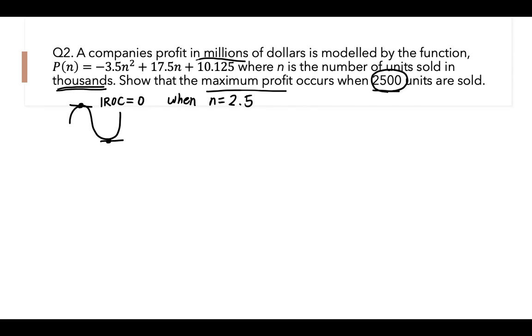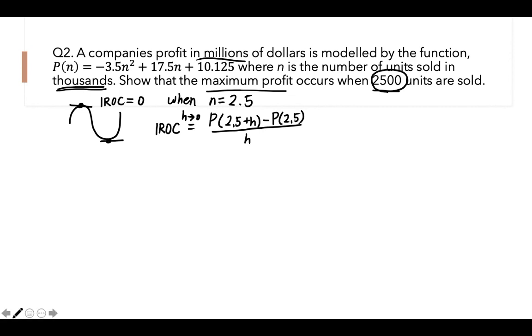So let's write down instantaneous rate of change is equal to, because it's polynomial, I will be saying as h approaches 0, the profit, so we know a is going to be 2.5 plus h minus profit at 2.5 over h.